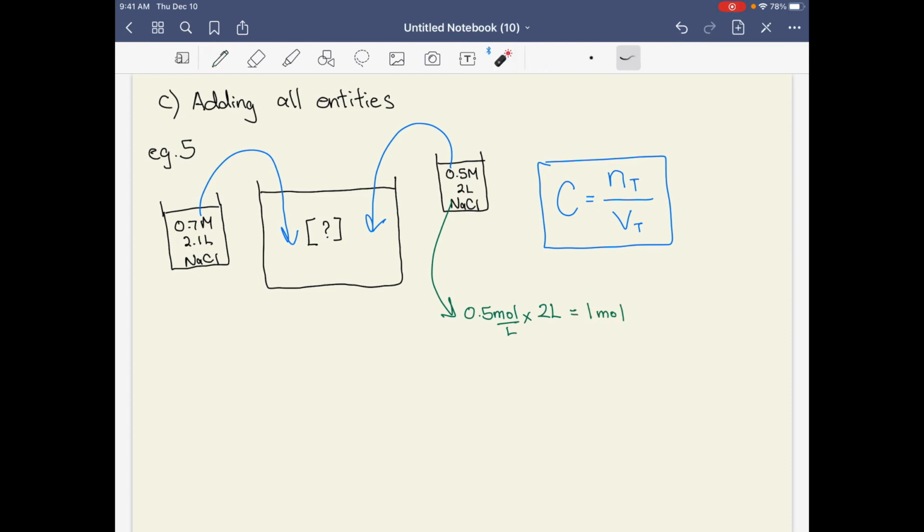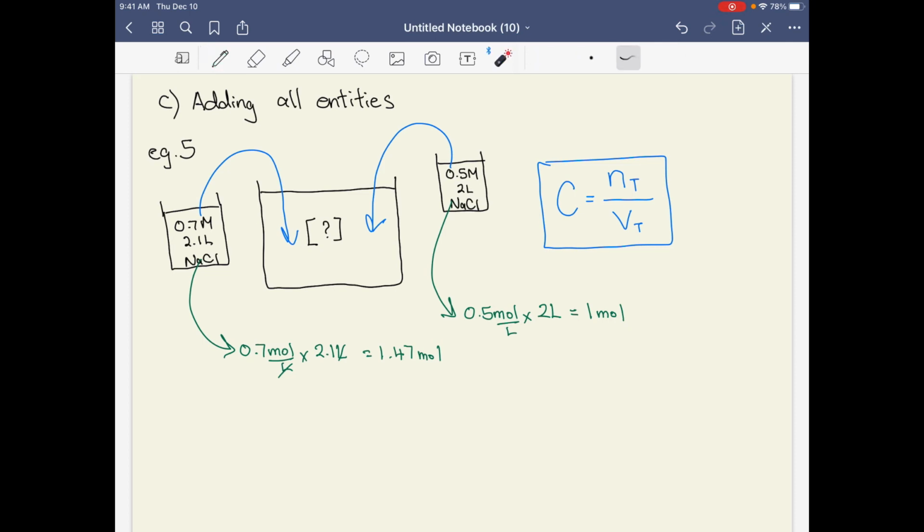So literally, when you're adding this to this, you're really just adding 1 mole of salt in there. And let's take a look at this. This is 0.7 moles per liter times 2.1 liters. So how many moles is this? Well, let me grab my calculator and just accurately calculate that for you. That's 1.47 mole. So 0.7 molarity at 2.1 liters has a little bit more mole than 0.5 at 2 liters.